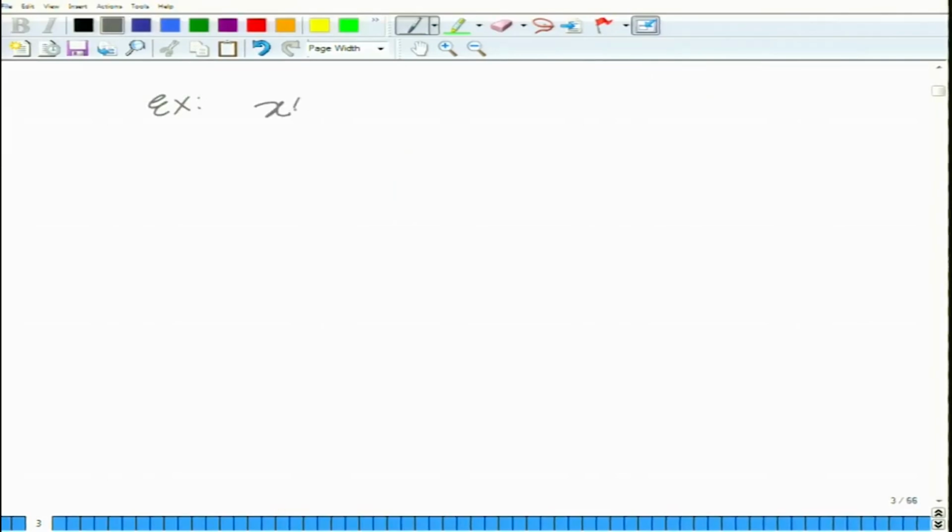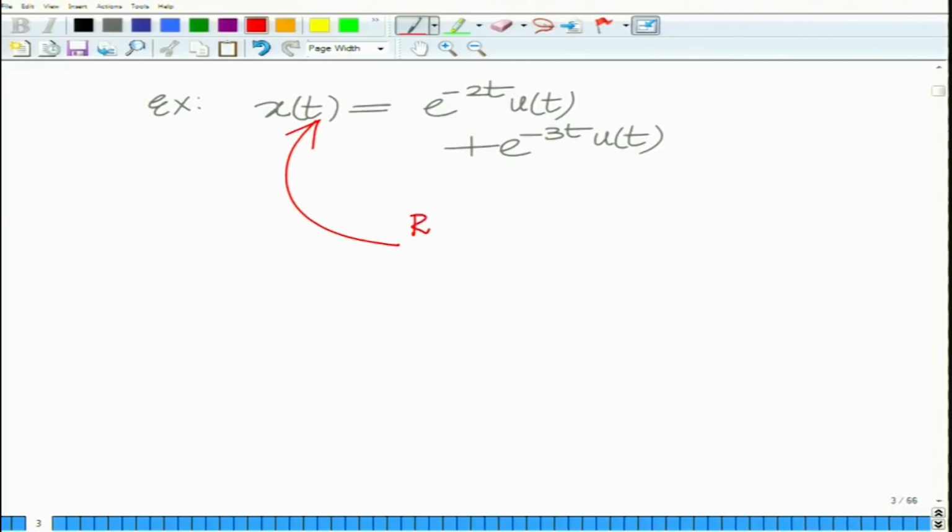Example: consider x(t) equals e raised to minus 2t u(t) plus e raised to minus 3t u(t). This is a right handed signal, you can clearly see that; it exists only for t greater than or equal to 0.